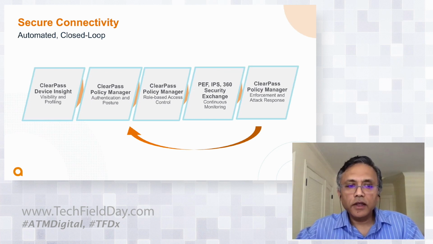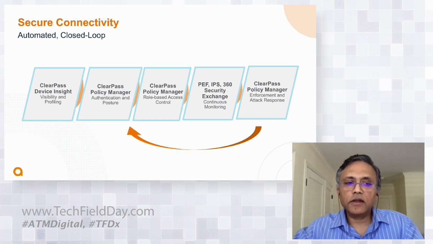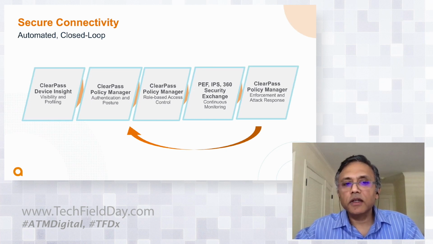It automatically, using both traditional static attributes and rules, and also things like machine learning, profiles your devices, establishes a personality for those devices, and communicates all of that rich detail with metadata and context to the Policy Manager, something that we had never done in the past till CPDI, as we refer to it, came on the scene.